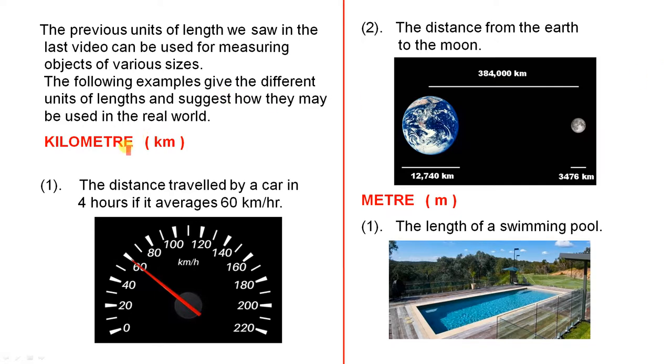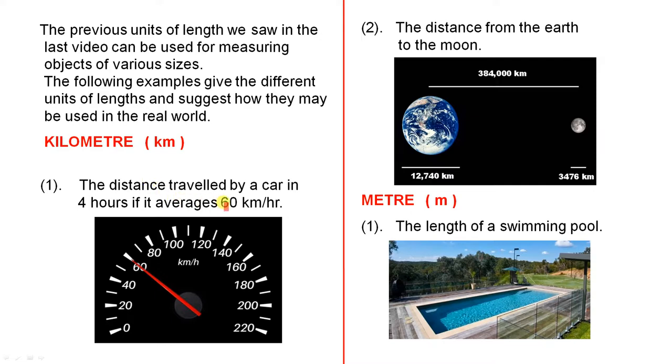Now first we have the kilometre, and if we remember the abbreviation was km. So let's look at one typical example. The distance travelled by a car in 4 hours if it averages 60 kilometres per hour. So that answer will be in kilometres.